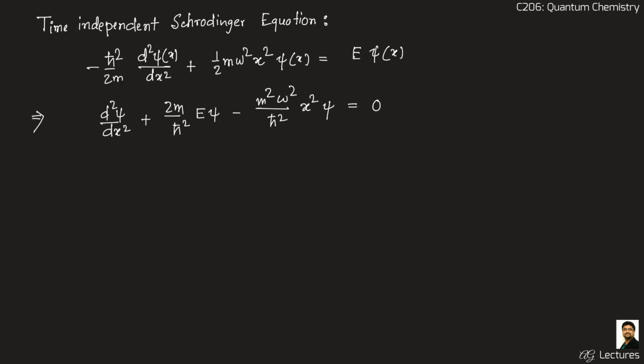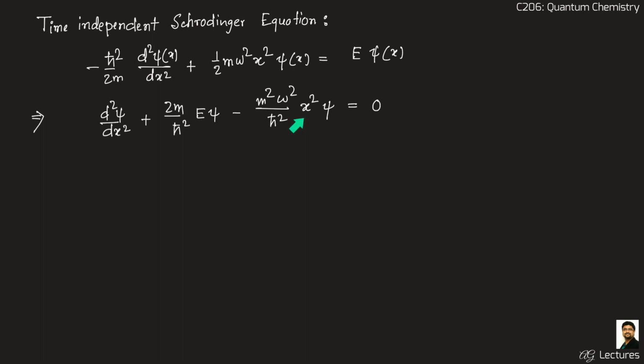So here is the Schrodinger equation. I have rewritten this including the potential term over here, and I have just rewritten the equation slightly in a different way, and we can see that this is a second order homogeneous equation, but the coefficients are not all constants because we have x square over here.